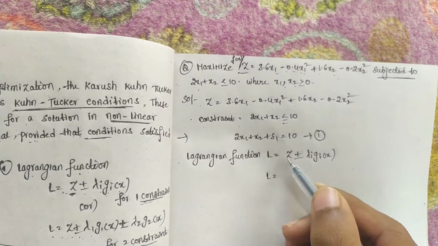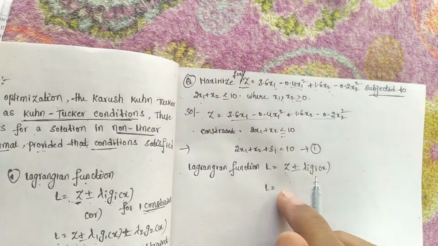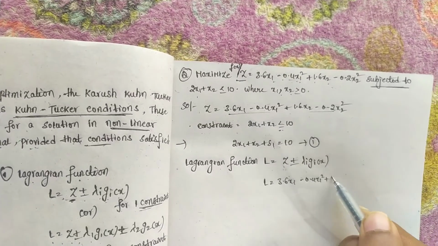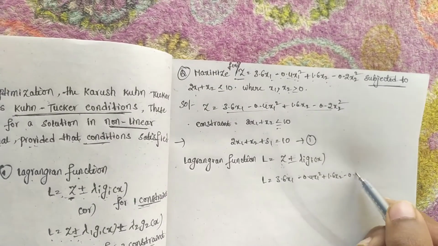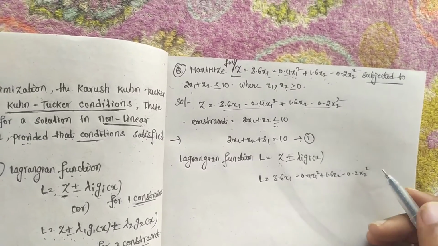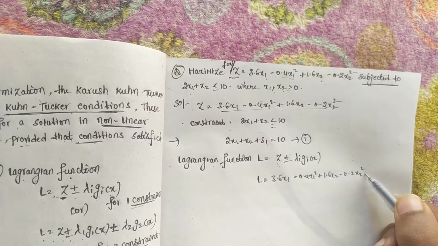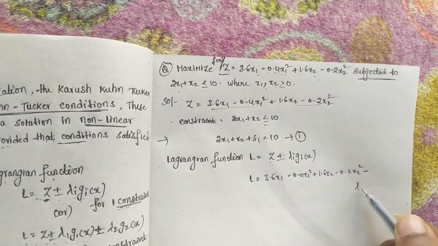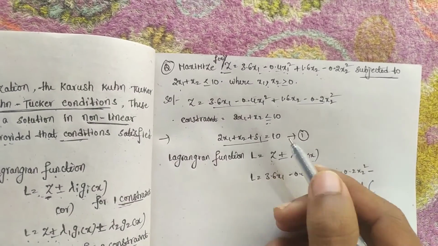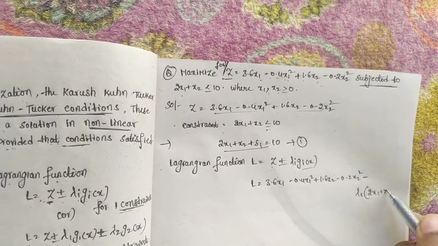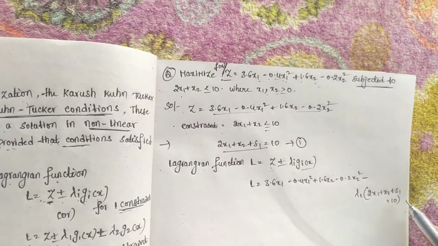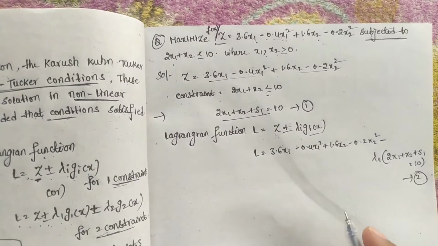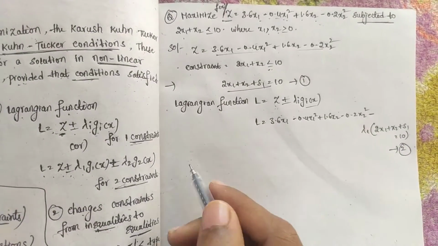Now L equals z, the objective function, so we substitute it here: 3.6x1 minus 0.4x1 square plus 1.6x2 minus 0.2x2 square, and here I am taking minus lambda 1 times g of x, the constraint, so writing 2x1 plus x2 plus s1 minus 10. This is taken as equation 2.